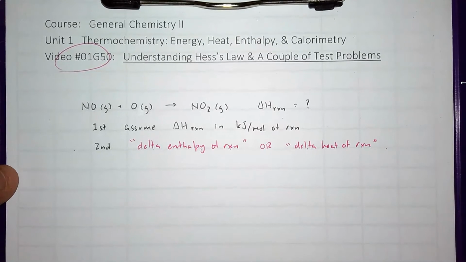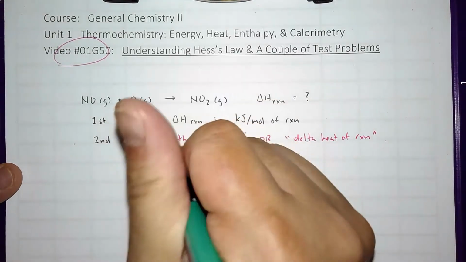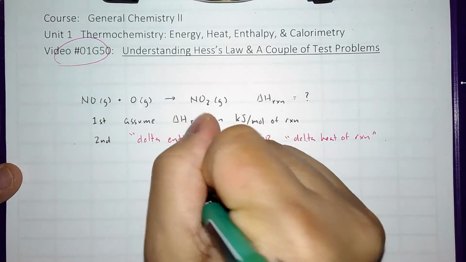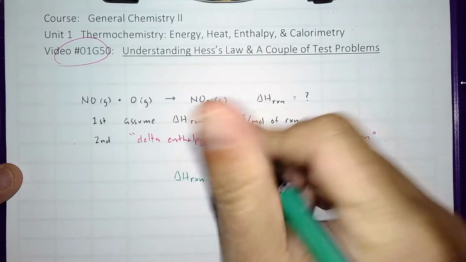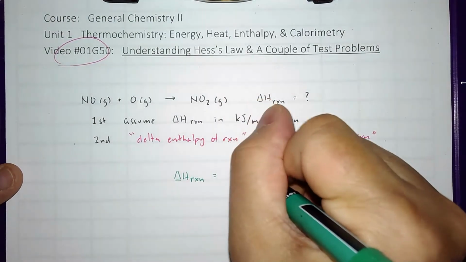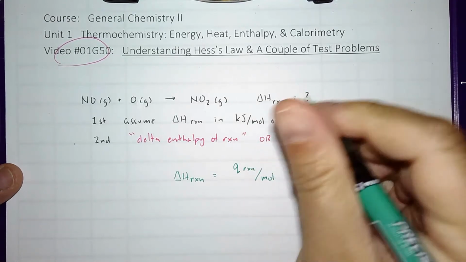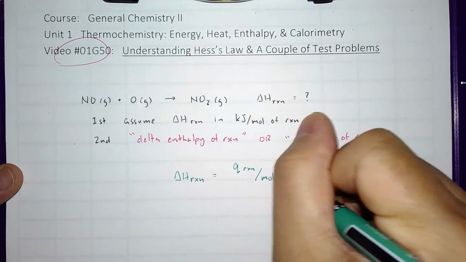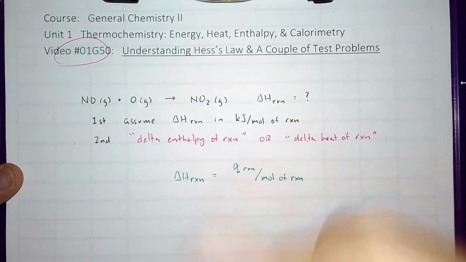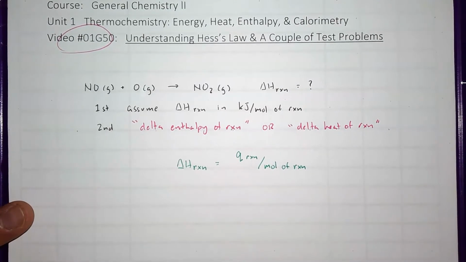Because we assume that the reaction is done open to atmosphere, the pressure is constant. So do you remember this equation here? Delta H of the reaction equals the heat that is absorbed or released in that reaction divided by the moles of reaction, one cycle of the reaction.